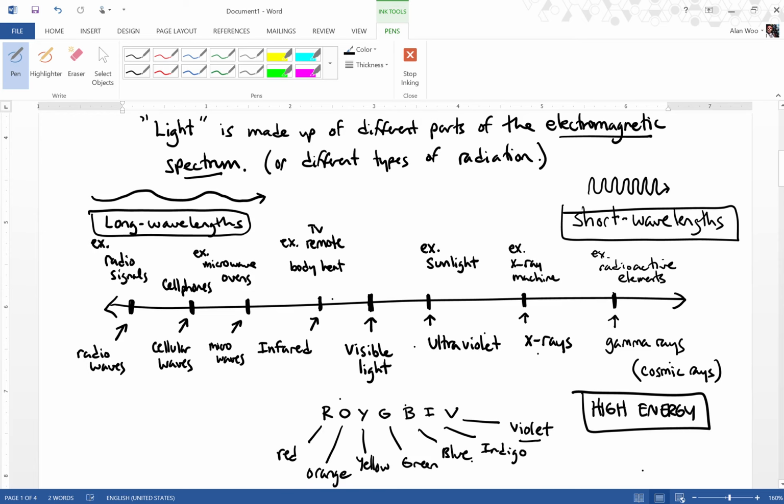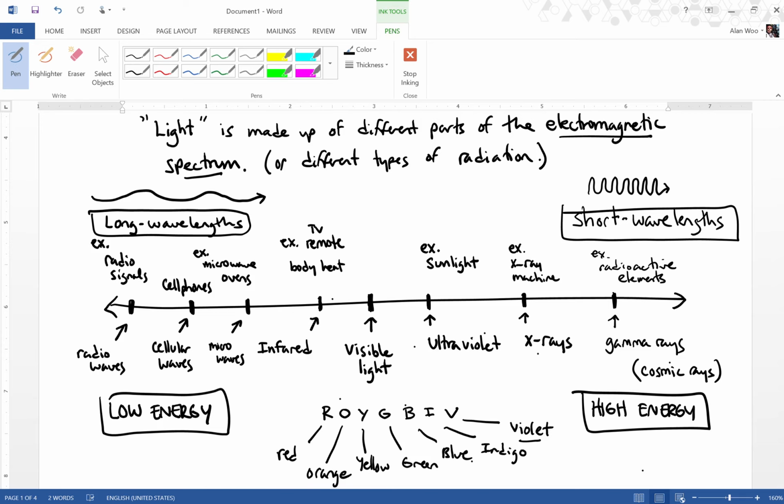And longer wavelengths are low energy. Okay. Low energy wavelengths aren't as intensive, so it doesn't really harm human tissues. You can be exposed to radio waves, cellular waves, microwaves, infrared heat. The amount of damage is low.